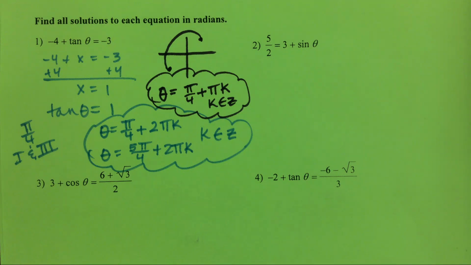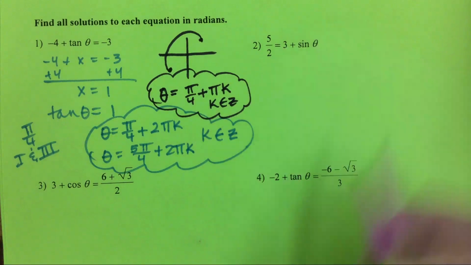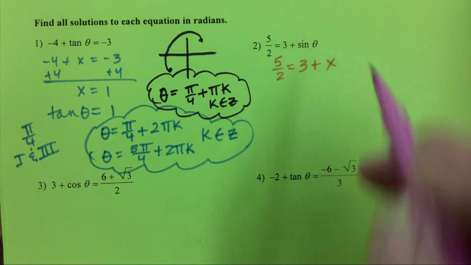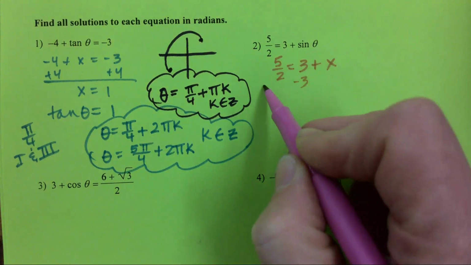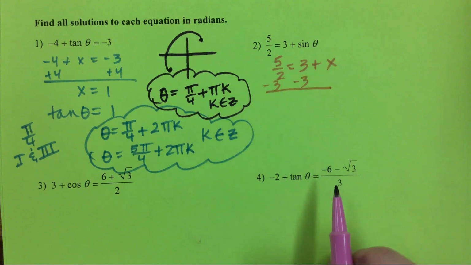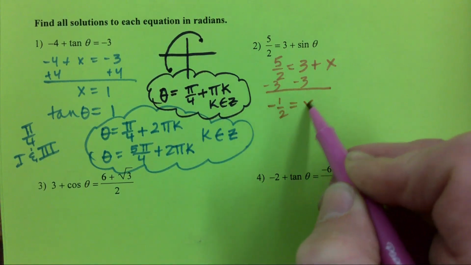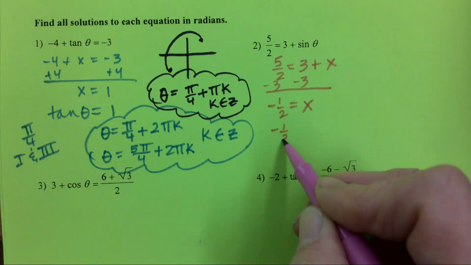All right, so let's start cruising. I need to solve this next one. I'm going to rewrite it with x and then solve algebraically. I do the math, and then I put my trig back in there.